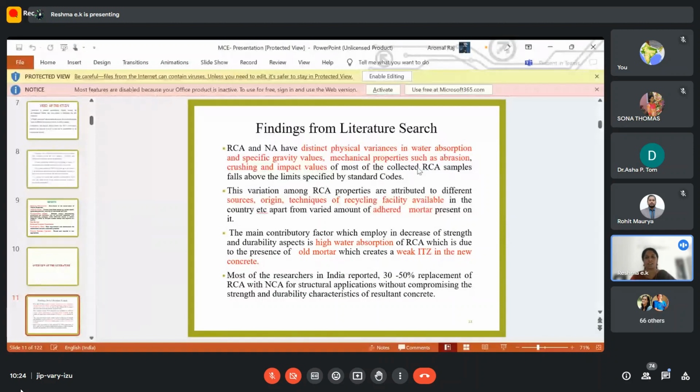The main solution for this, I say, is processing techniques. Processing techniques should be very good so that you get a very good aggregate with minimum cement residual mortar.